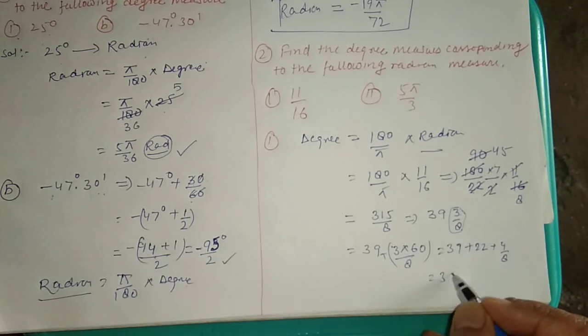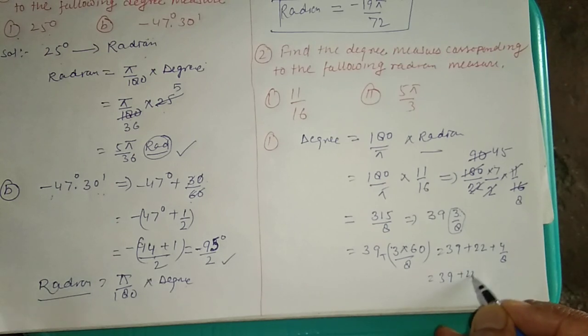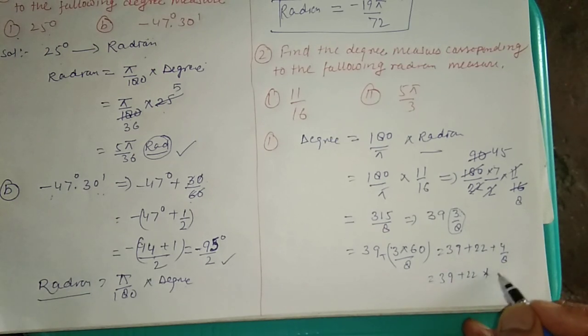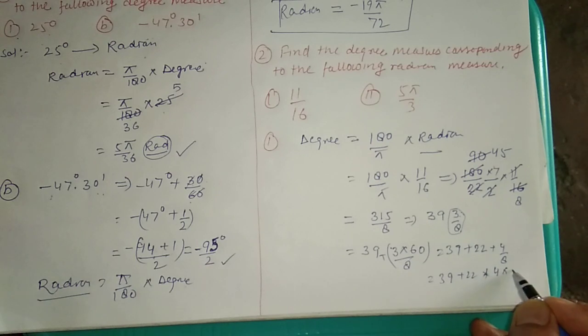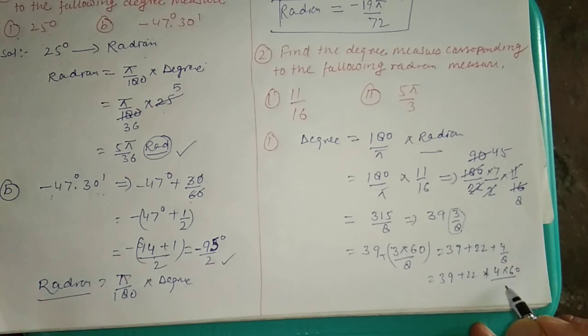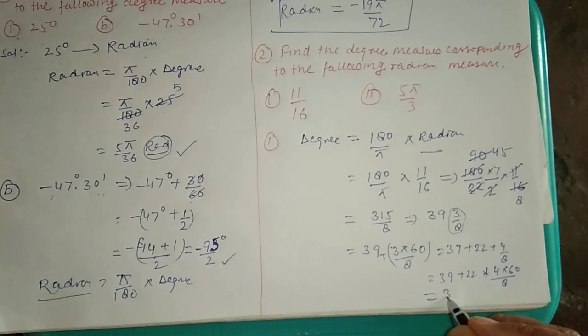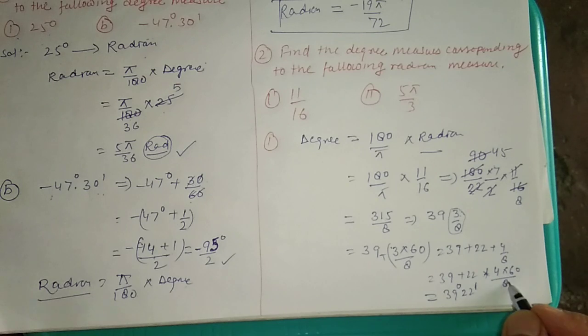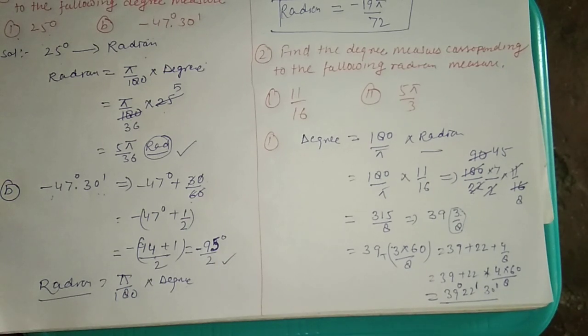So we can write 39 plus 22. Then we have to convert into seconds, so we again multiply by 60 upon 8. So finally I will get 39 degree 22 minute, and 6 4s are 24, 3, so 30 second. Clear? So this is the conversion.